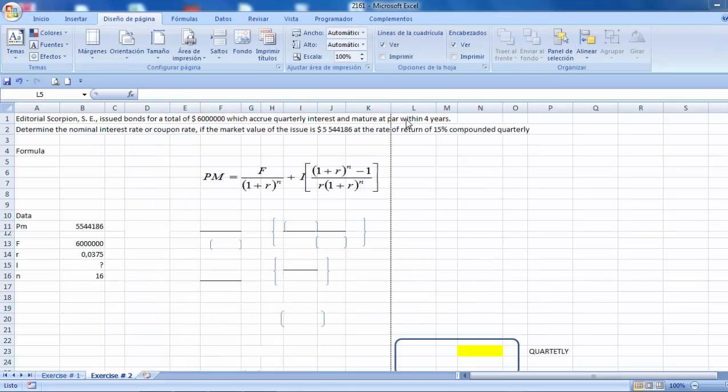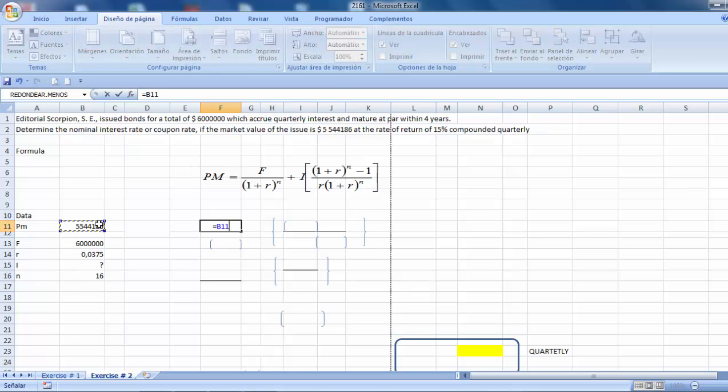Exercise number 2. We have bonds for a total of 6 million. We have the PM, then we have the F, the R, the I, and N. N is 16 because you multiply 4 years by quarterly periods. That's why the result is 16.